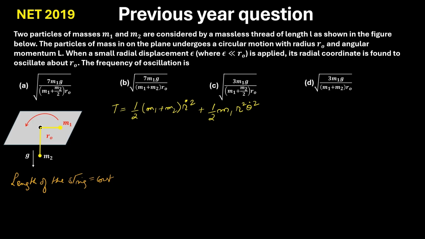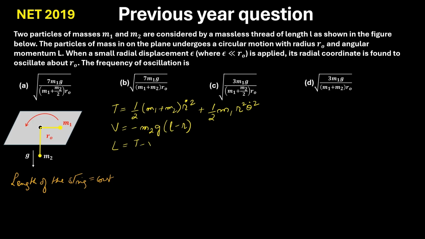What about the potential energy? The potential energy will be experienced by m2, so it will be minus m2 g (L minus r), where L is the length of the string. Now I have both the kinetic energy and the potential energy, so I can write the Lagrangian.